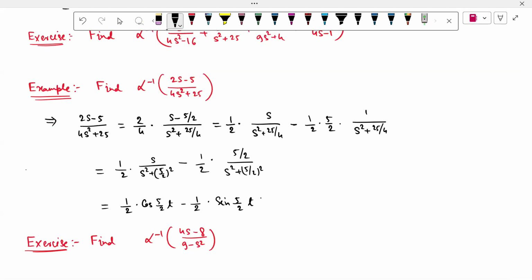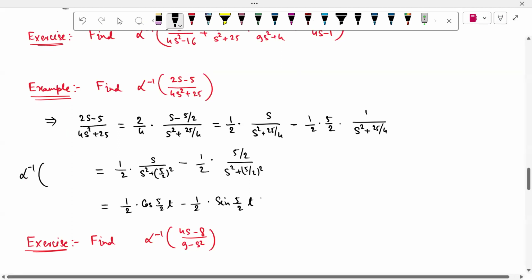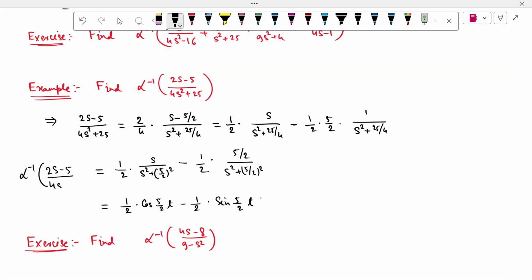Maybe I can write this like L inverse of 2s minus 5 divided by 4a square plus 25, and there is a half. You can take Laplace transform here, everywhere.